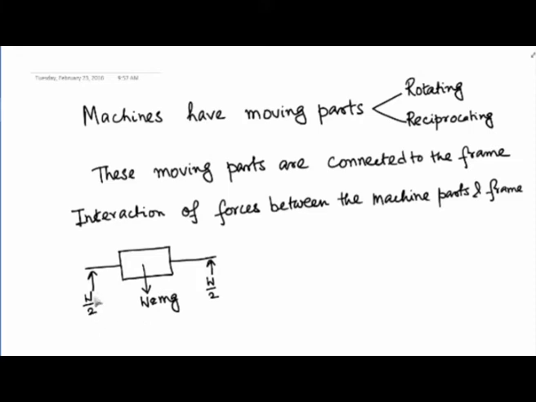But now because there is a force which is coming from the bearing to the rotating part, there has got to be a reaction force which goes as an action reaction pair from the rotating part to the bearing, and this will act on the frame, right. This is exactly what I had drawn in my slide.